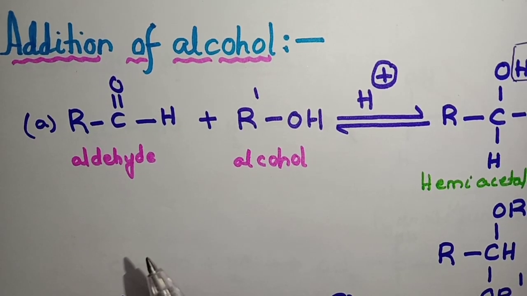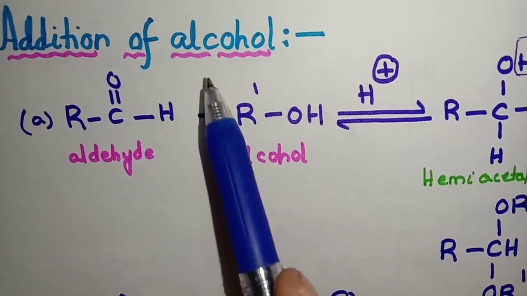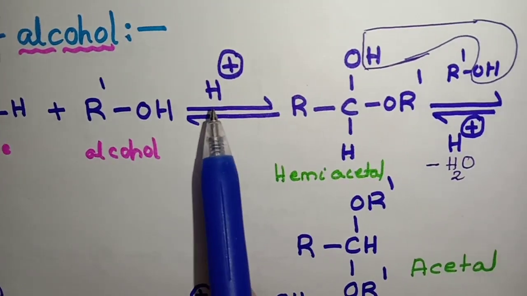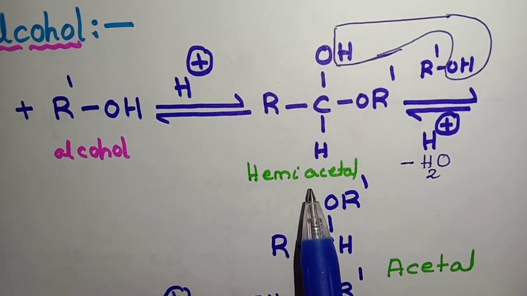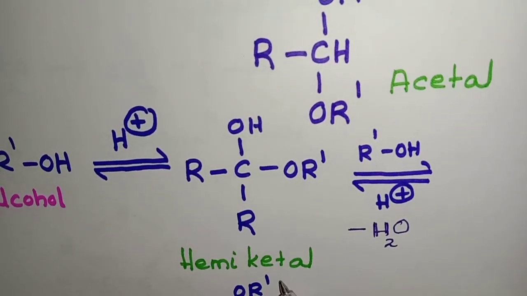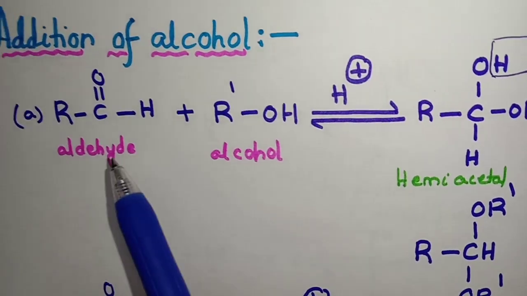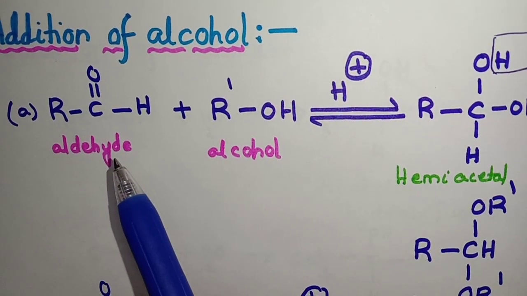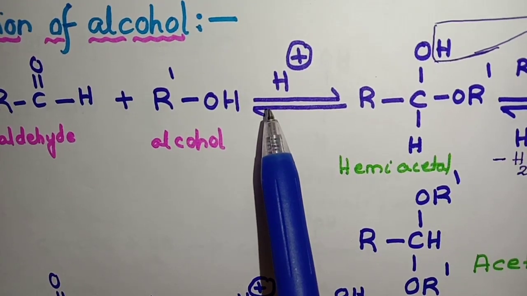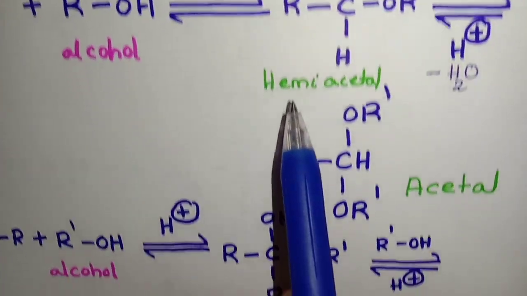Aldehydes and ketones react with alcohol in the presence of an acid to form hemiacetals and hemiketals. So the statement that you are supposed to write here: aldehydes and ketones react with alcohol in the presence of an acid forming hemiacetals and hemiketals.